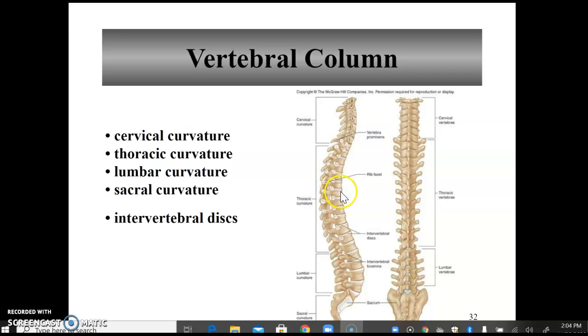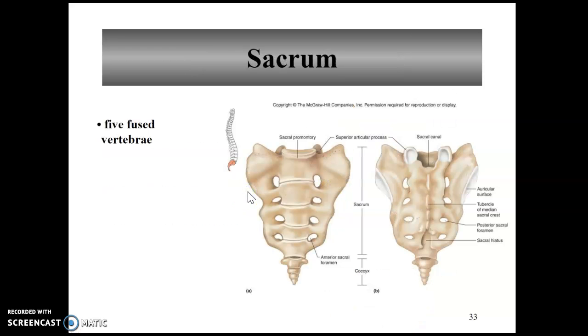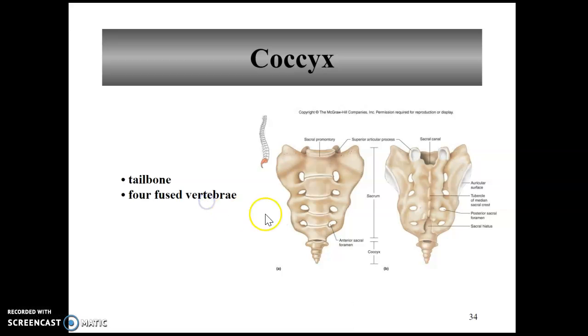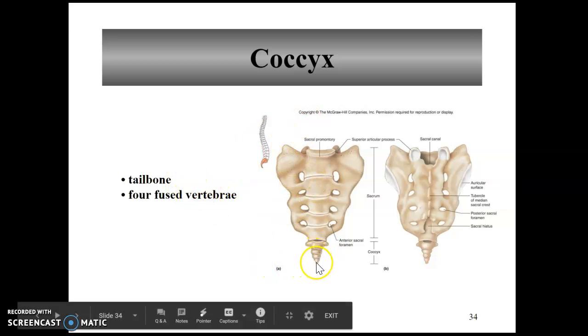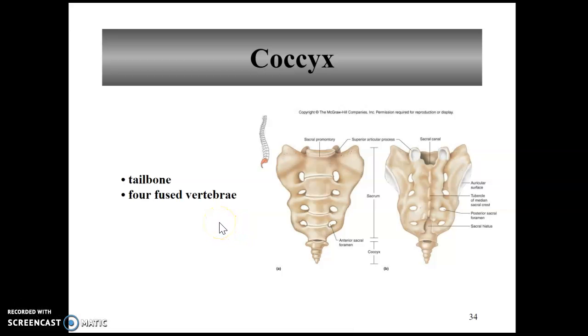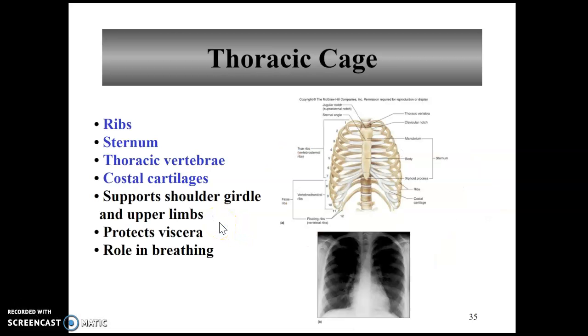And these are the ones that, if you have a slipped disc, it would indicate that it would move out from between those vertebrae where it's supposed to be. Alright, and then the sacrum, these are just 5 fused vertebrae in a triangle shape. And then the coccyx is your tailbone, and this is 4 smaller fused vertebrae at the very bottom of the vertebral column.